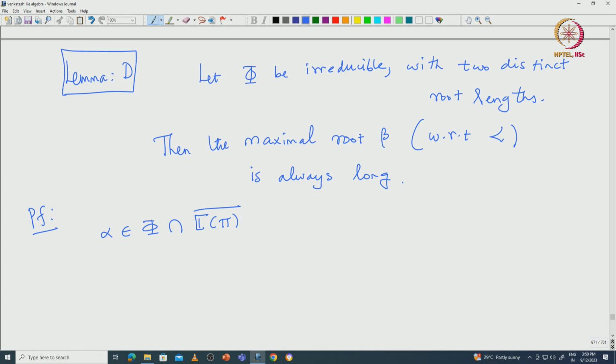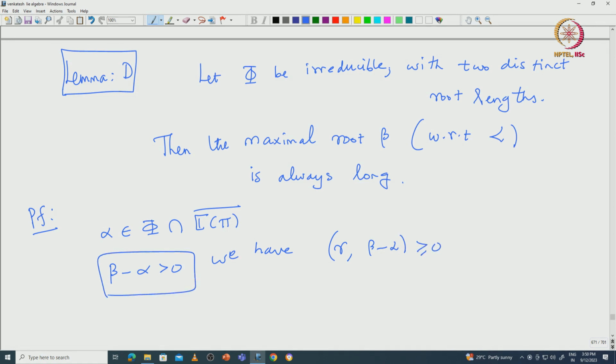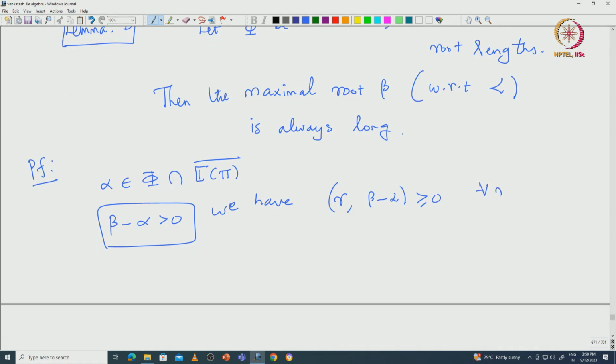Okay. So, now since beta minus alpha is always positive, that we have already observed, then we have immediately for this alpha, for any gamma inside the closure of the fundamental chamber, that the inner product of gamma with beta minus alpha is always greater than or equal to 0, because beta minus alpha is positive, and this is true for all gamma inside the closure of the fundamental chamber.